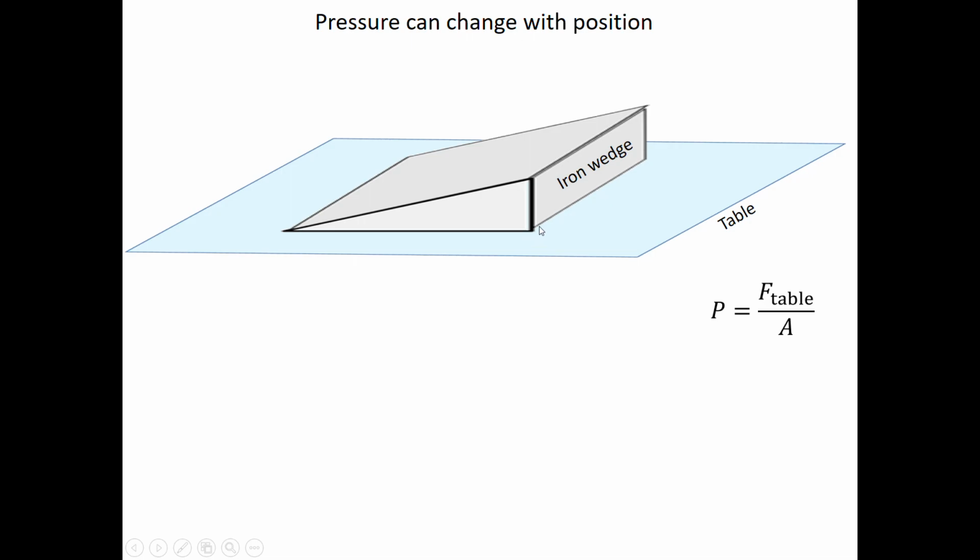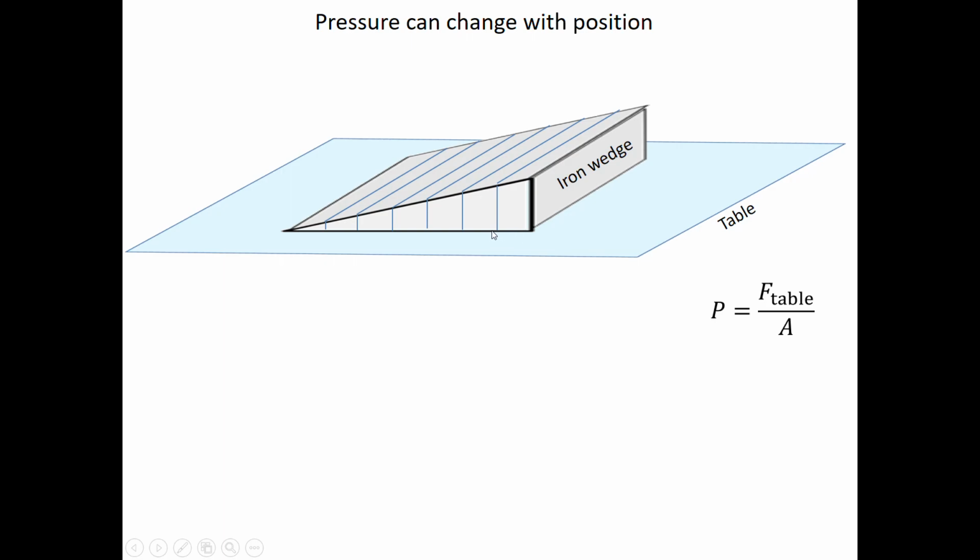Now we don't want to use the entire rectangular area of the bottom because the whole point is the pressure is changing. So what we need to do is divide up the bottom into little tiny bits of area. Since most of the important stuff is going on as we move from left to right, not from front to back, we're going to divide this wedge conceptually into a bunch of strips. I've drawn them as kind of thick strips here, but we could imagine really thin ones if we wanted to get a fine-grained sense of how the pressure on the bottom changed.